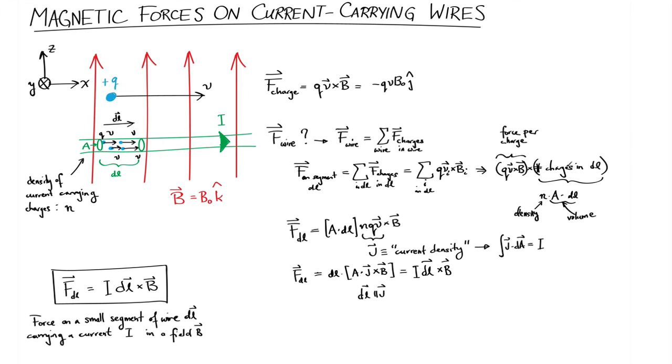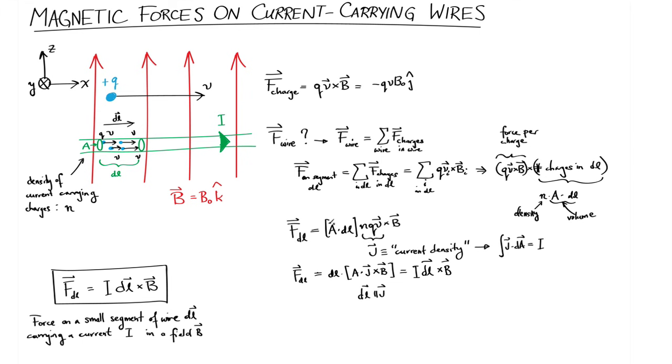Since that segment of wire is very short, we can approximate the velocity and the field as being constant over it, so it's just qv cross B times the total number of charges in that little segment of wire. That's equal to the density of the charges times the volume of that little segment, right? If I rewrite this equation, I had a quantity nqv, which was our current density.